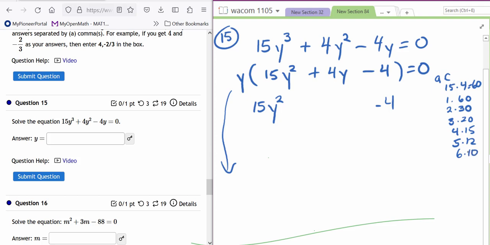We don't need both orders here when we're using this method, because it doesn't matter where you put them. So we want different signs, because it ends in negative, and that means that they're going to subtract. So they're going to subtract to give me a 4. 10 and 6 will be the choice.